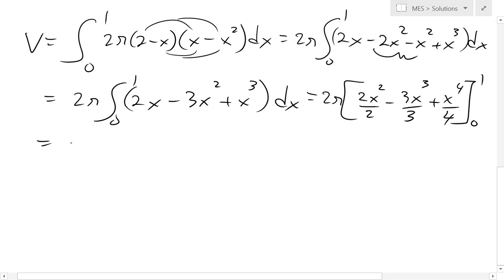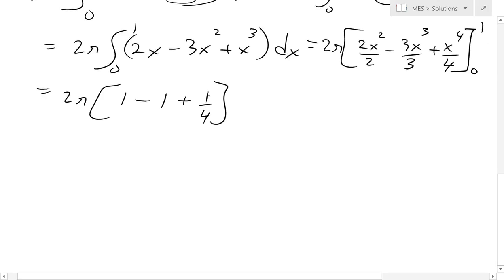Now we plug these in, so 2 pi, these 2's cancel, and the 1 is going to be 1. These 3's cancel, put in the 1, that's 1 minus 1, plus 1 over 4. We ignore the 0 because everything's just going to be 0. So these cancel, and we're left with 2 pi times 1 over 4, which equals, the 2's cancel, pi over 2.